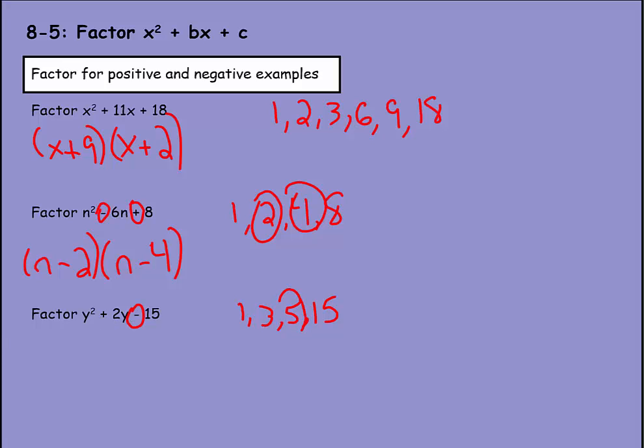Well, if a 5 was positive and the 3 was negative, that would be 2 bigger. So my factorization would be y plus 5. The 5 needs to be positive here. Then y minus 3. Positive 5 times 3 is negative 15. Positive 5 plus negative 3 would be positive 2.